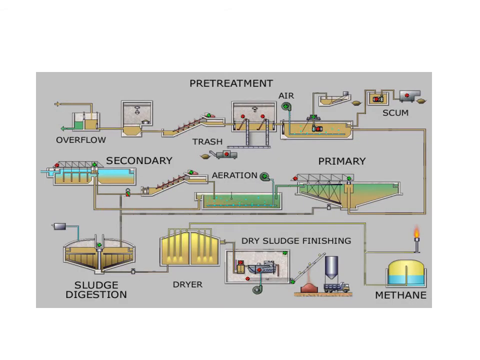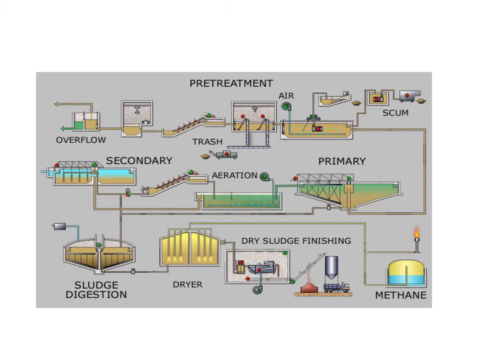This diagram also shows the treatment of wastewater. So, in the pre-treatment plant, scum, meaning the larger things, is eliminated from the wastewater, and we have an overflow pump here to overflow the wastewater.